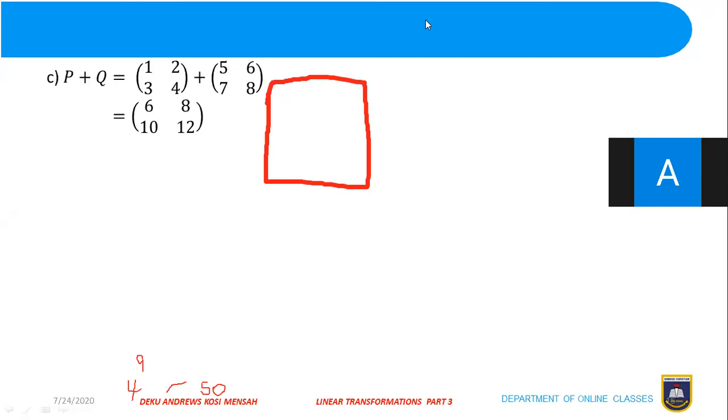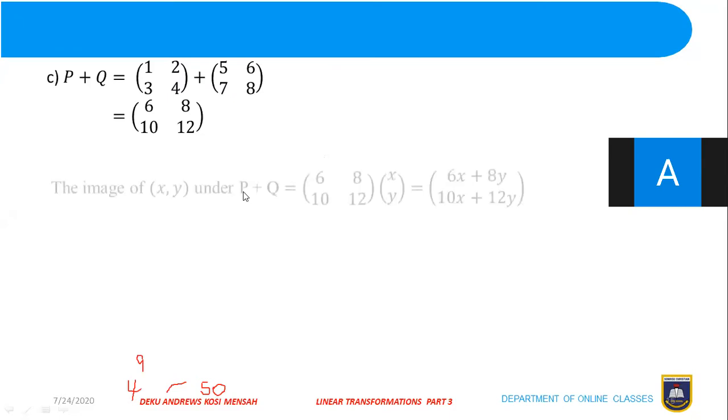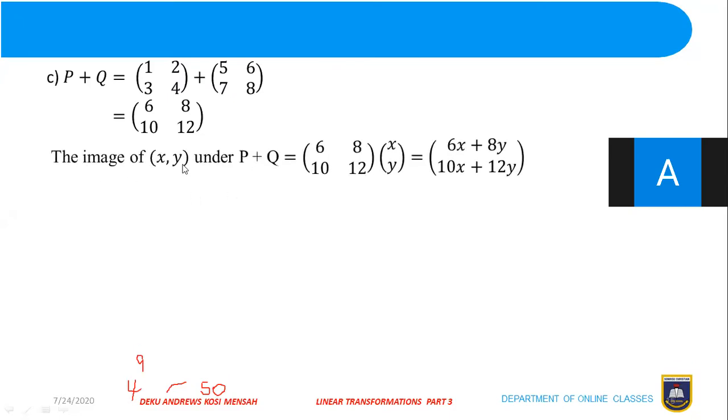So now we need to find the image of XY under P plus Q. You first need to find P plus Q before you find the image of that in your final result. We had this answer, so multiply that, and that will give us 6x plus 8y, 10x plus 12y. That is the image of xy under the transformation P plus Q.